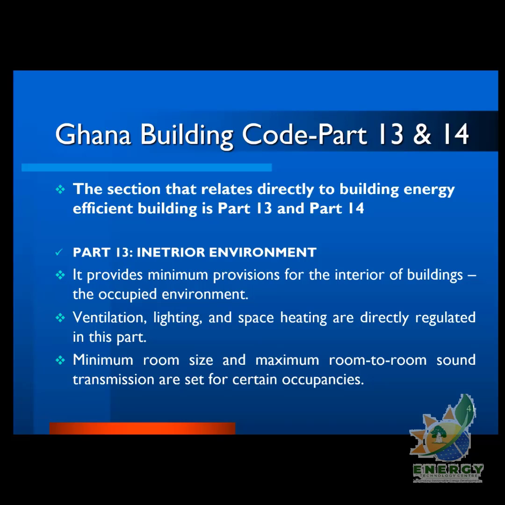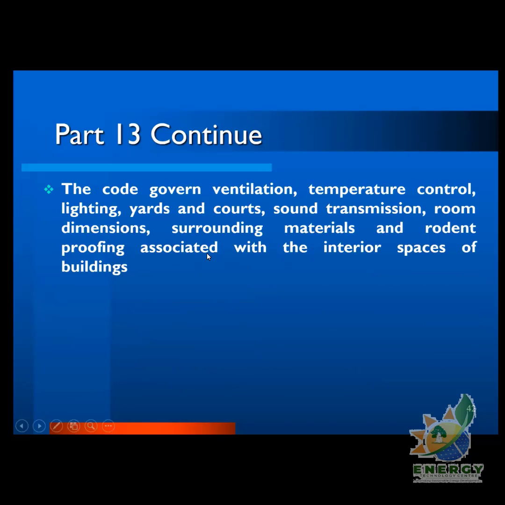Minimum room size and maximum room-to-room sound transmission are set out for certain occupancies. Now, the code governs ventilation, temperature control, lighting, sound transmission, room dimension, surrounding materials, and pest proofing associated with the interior space of the building.